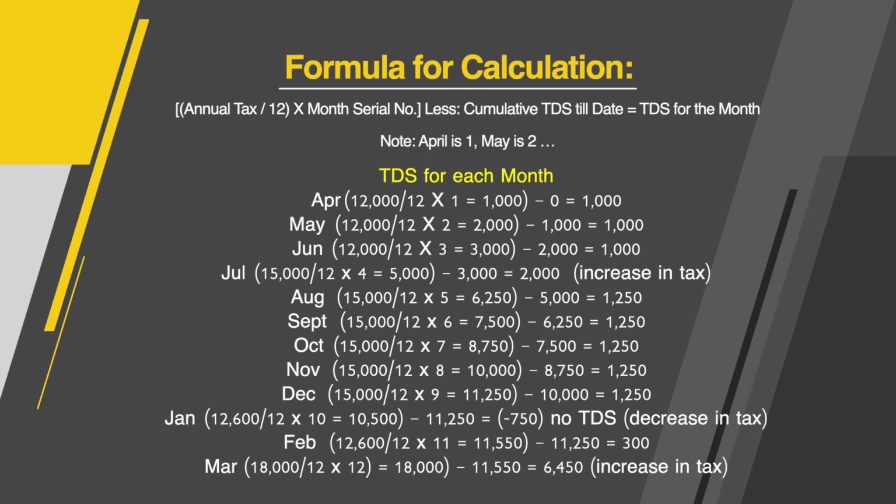So in the month of January there was actually no TDS because excess TDS was paid. Then in February, a very small amount of TDS was involved because the taxes were already paid earlier. Now, when you see March, maybe because of some extra income generated, the actual tax amount went up. So based on the total tax to be paid and whatever was paid during the first 11 months, the difference had to be paid in the month of March.